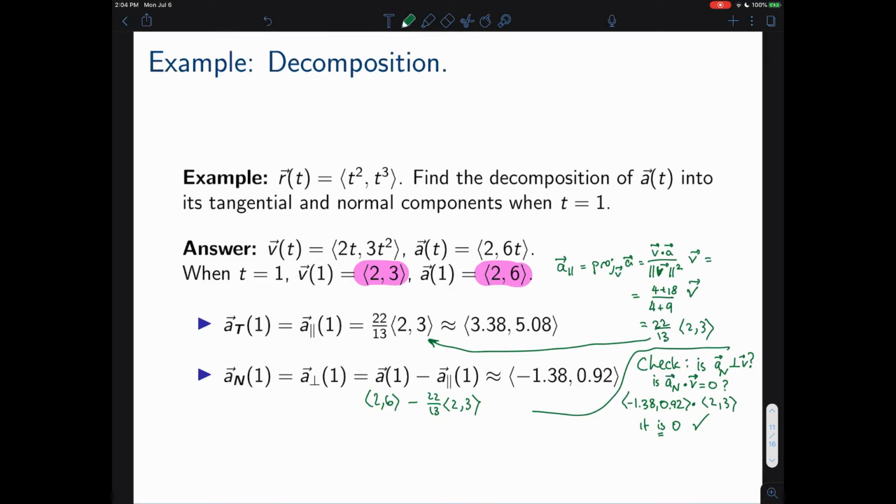And if you plot this path, when t equals 1, this is at the point 1, 1. It's starting at 0, 0, and t squared is increasing and t cubed is increasing. So in general, it's moving up and to the right because both the x and y components are increasing. And if you actually plot it, it looks something like this.